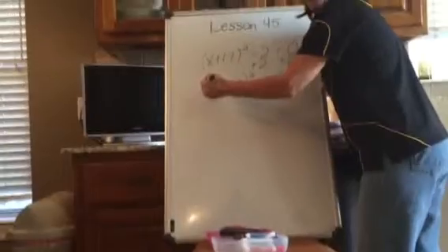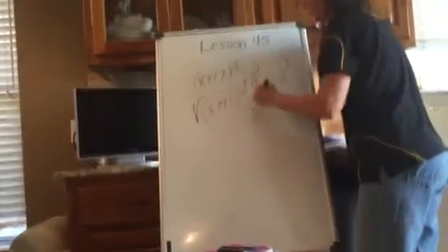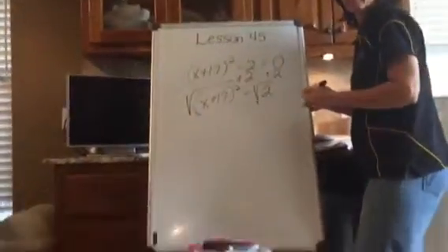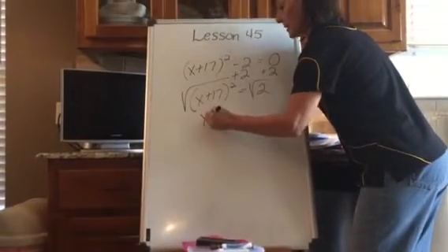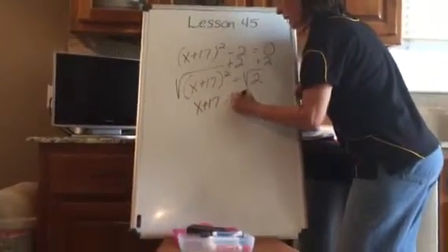I can eliminate my square by taking the square root of both sides, and I have x + 17 equals plus and minus the square root of 2.